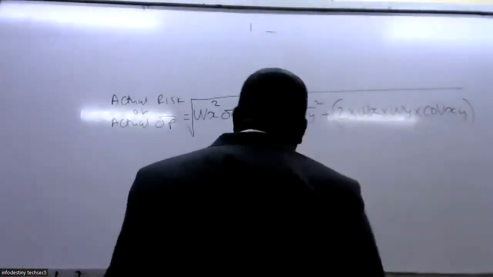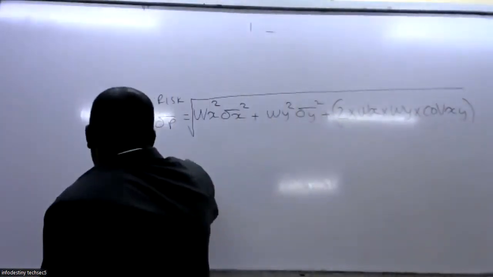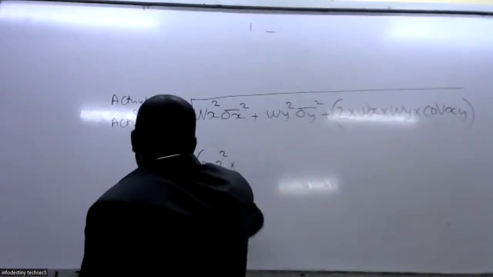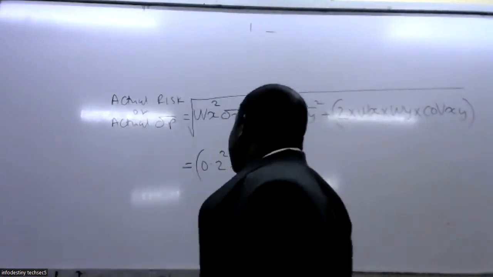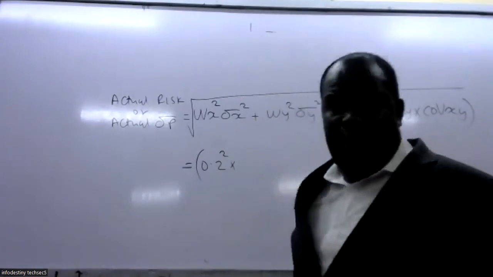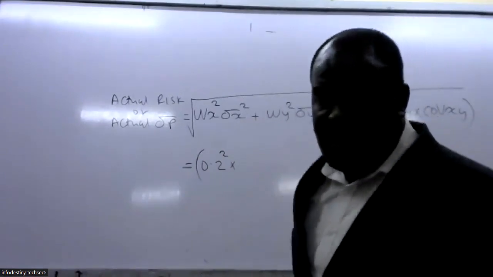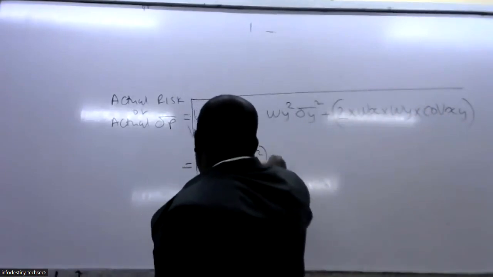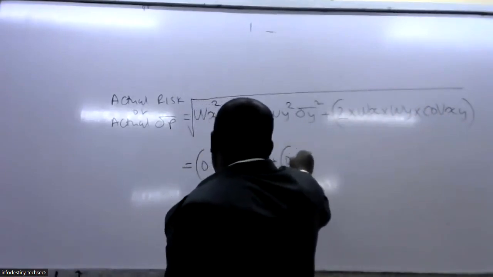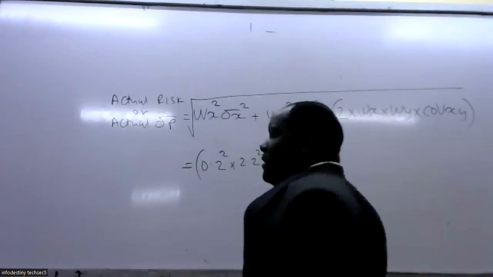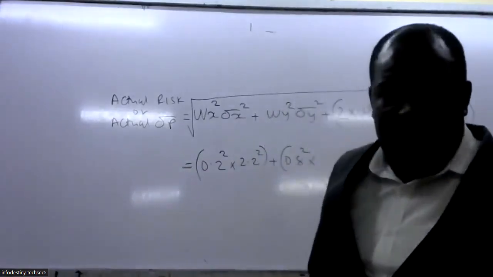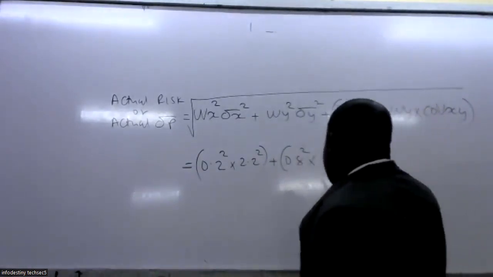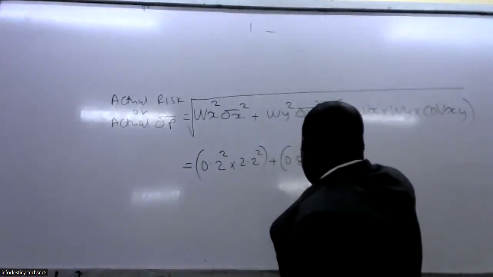Remember the weight of X is 0.2, so you take 0.2 squared. Then for the variance of X, you simply square the standard deviation. Also 0.8 squared, then you square the standard deviation for Y, which was 1.1.